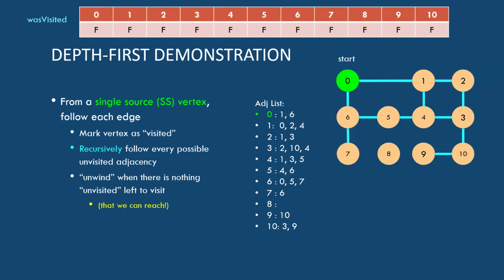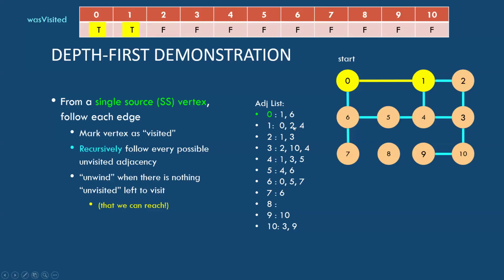So let's kind of go through this a little bit with some animation. So we're going to mark that one as true, right? So we start our recursion there, mark it as true. The first adjacency we have is 1, right? So we're going to jump on over to its linked list over there, mark that as visited, right? And then we're going to follow its path. Now notice we didn't double back to the 0 here.